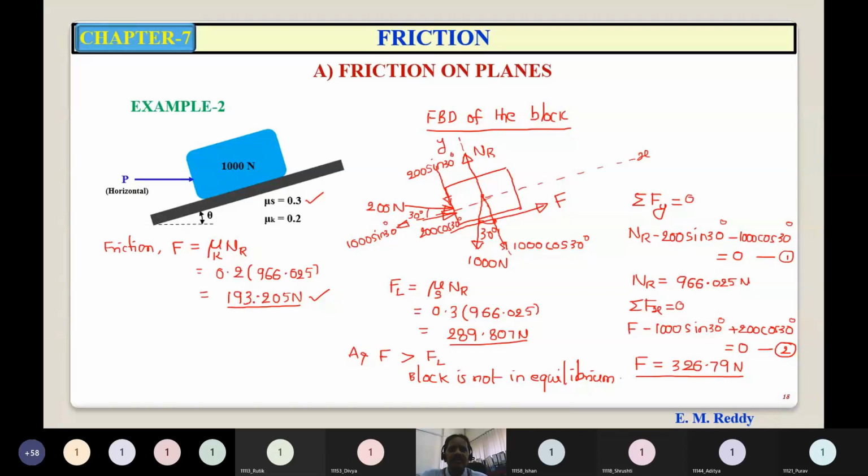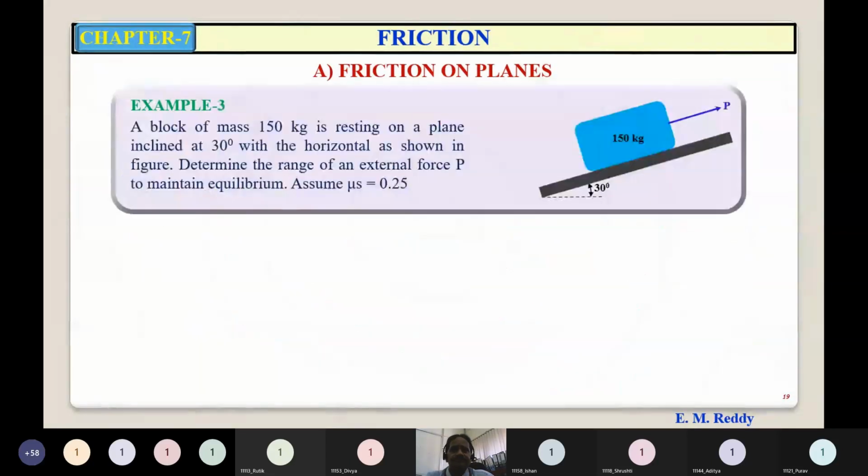So the magnitude is 193.205, acting in the upward direction, but along the plane. Please note this.